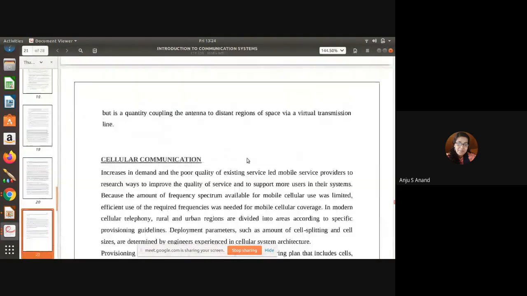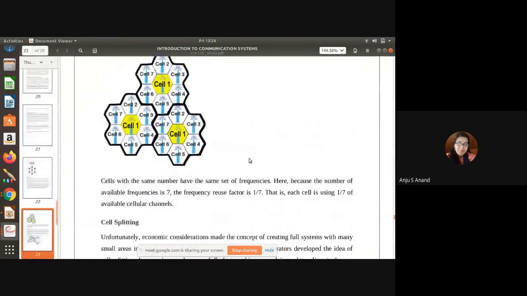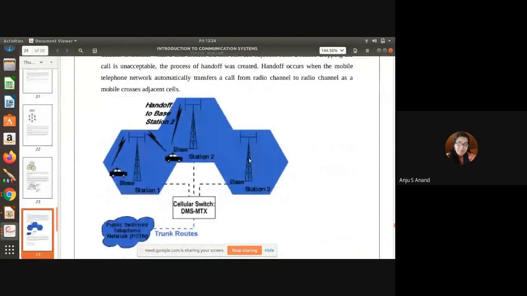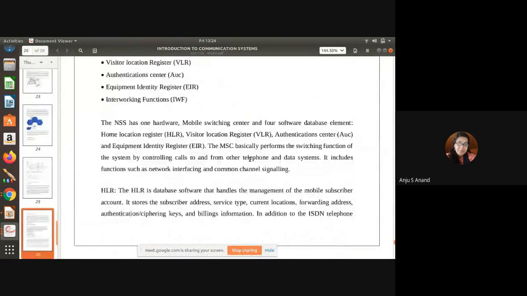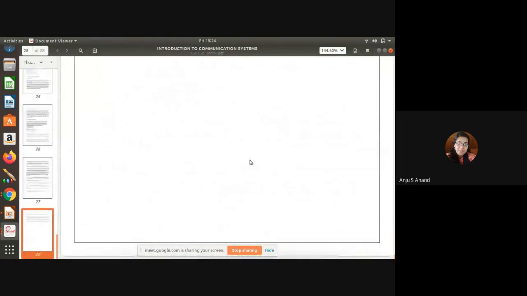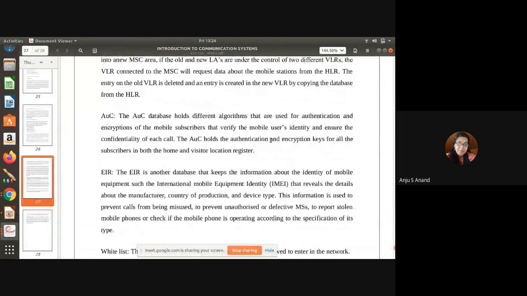Study material I already shared in the campus software retail app. You just go through that. It's in PDF format. You have to study along with this PPT and study material.